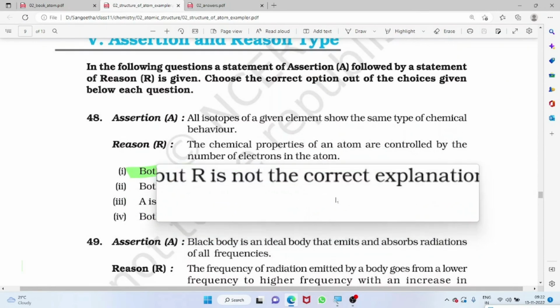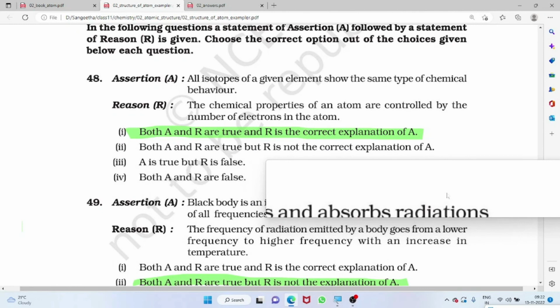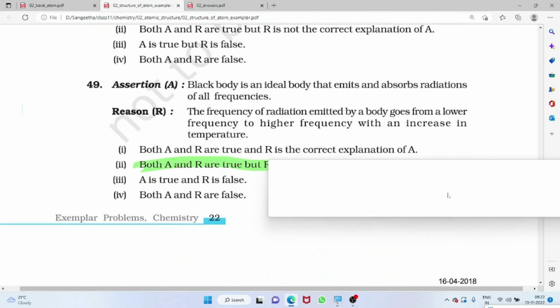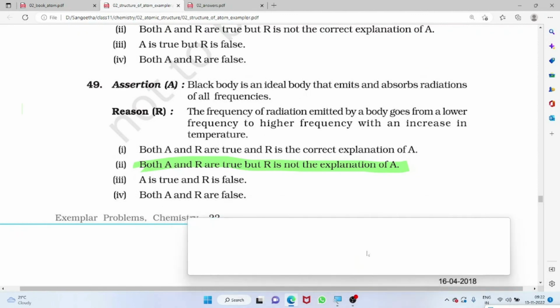Assertion and reason type. Assertion: all isotopes of a given element show the same type of chemical behavior. Reason: the chemical properties of an atom are controlled by the number of electrons in the atom. Both A and R are true, and R is the correct explanation of A. Black body is an ideal body that emits and absorbs radiations in all frequencies.